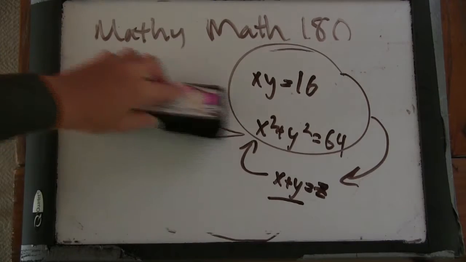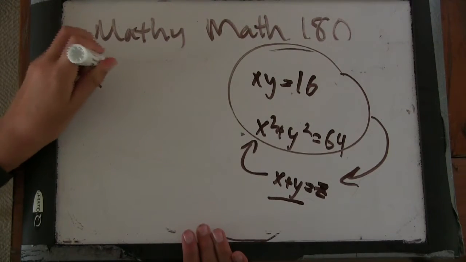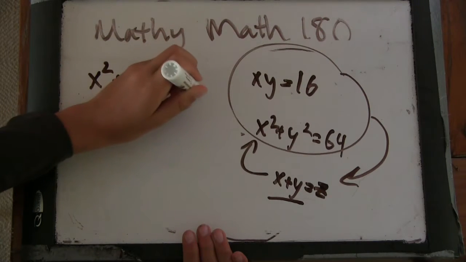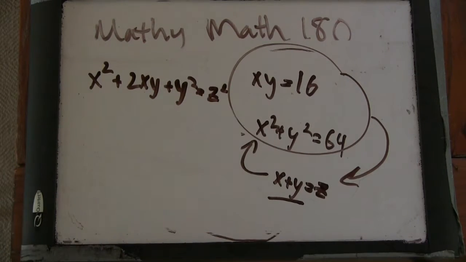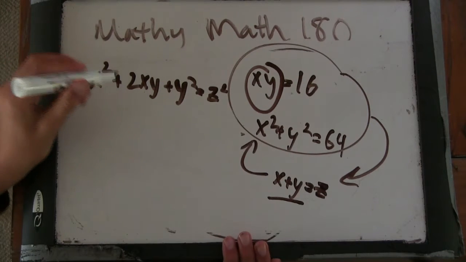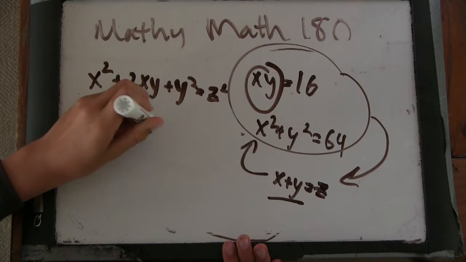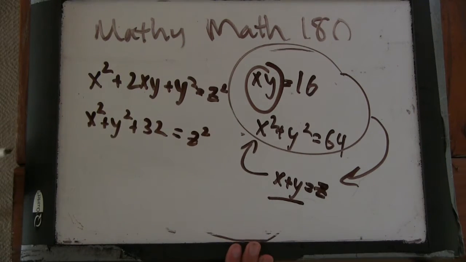So, when we square this equation, we get x squared plus 2xy plus y squared is z squared. We know what xy is. It's 16. So 2xy is 32. We know what x squared plus y squared is.